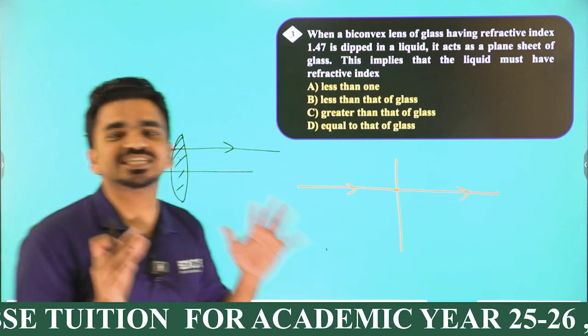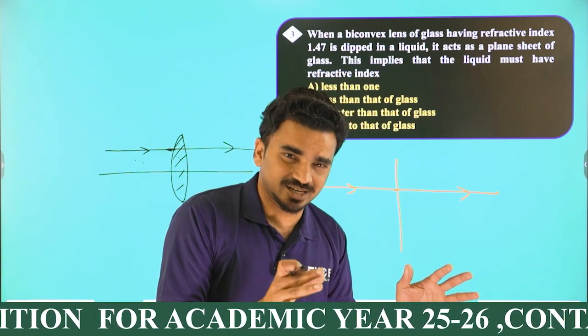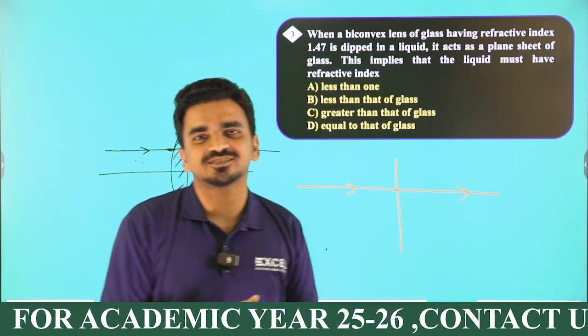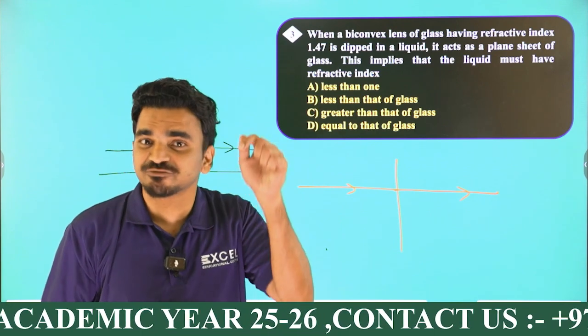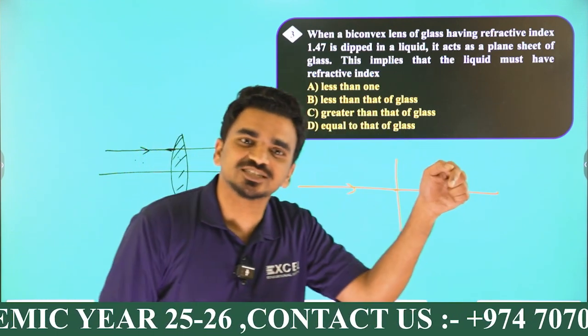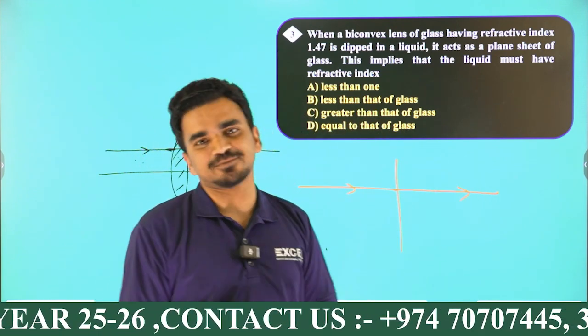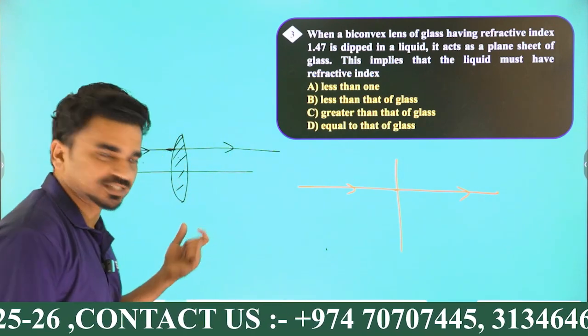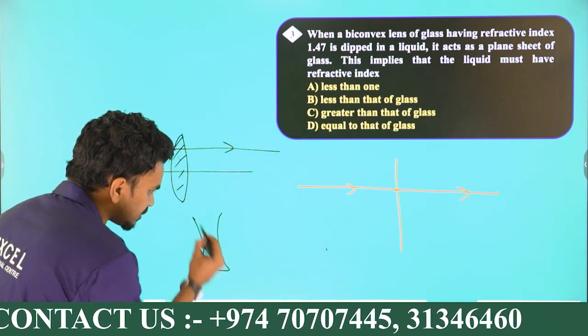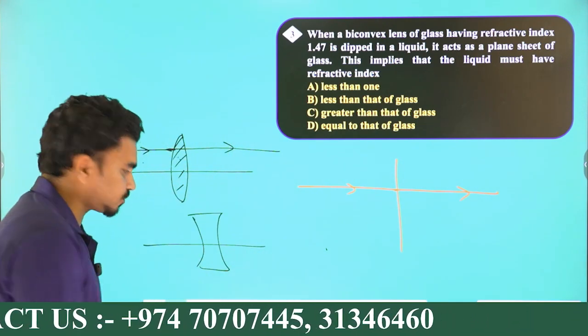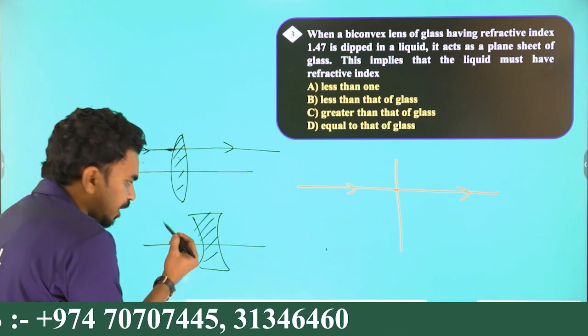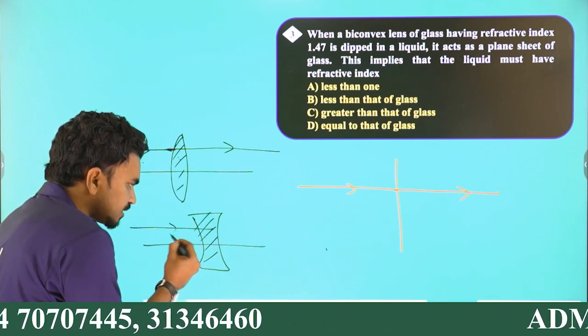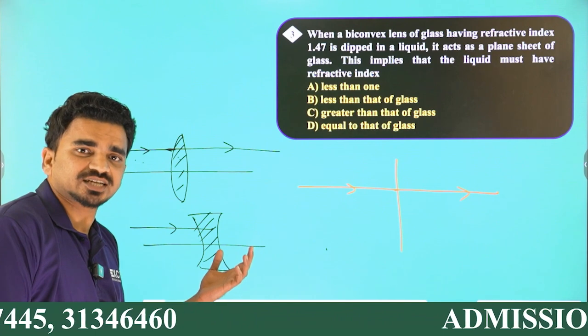So a lens behaves as a plane sheet when the refractive index of the lens and the surroundings are the same. Not only this convex lens. If you take a concave lens also, and the inside medium and outside medium are the same, then it won't diverge the light ray as usual.